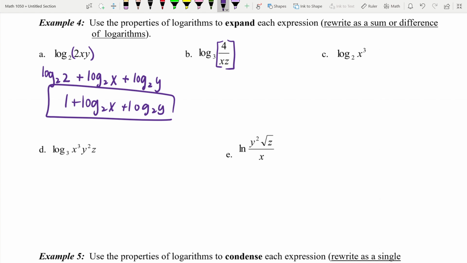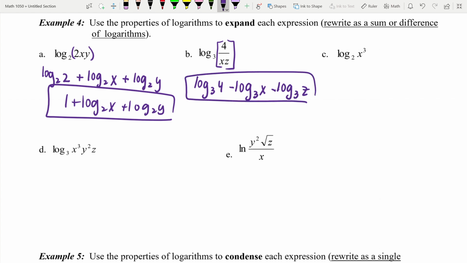So the x and the z will have a negative. It's very simple. So you just go log base 3 of 4 minus log base 3 of x minus log base 3 of z. Literally, that's your answer. That's how easy it is. Very, very straightforward.